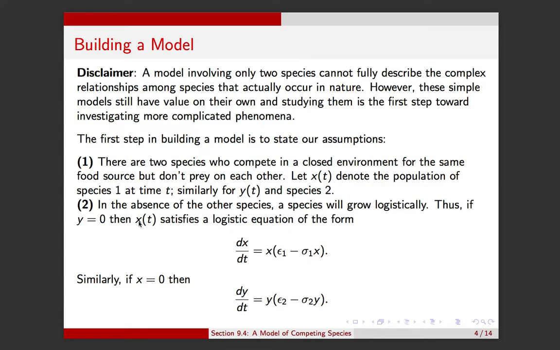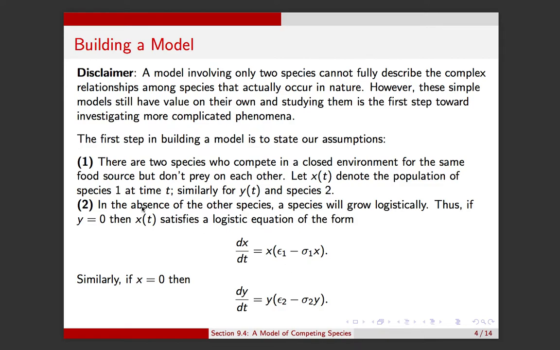Recall back in chapter 2, we spent quite a bit of time, actually section 2.5, with models that had logistic growth in them. So here's a logistic equation. We didn't write the logistic equations quite like this back in chapter 2. We had an X over K, where K was the carrying capacity, and we had this epsilon factored out to get a growth rate on the outside. However, if you flip back to chapter 2, this is what we were looking at back then.